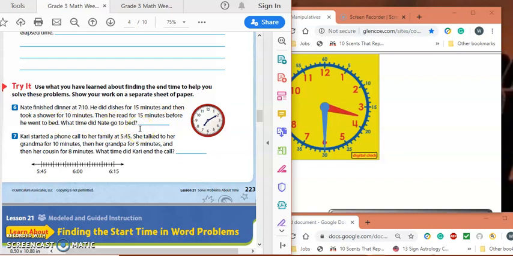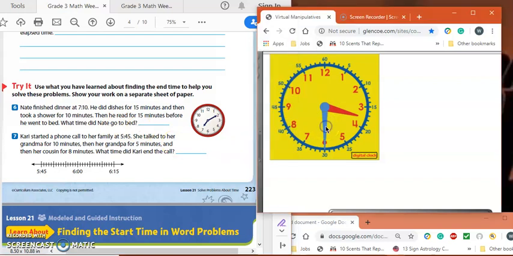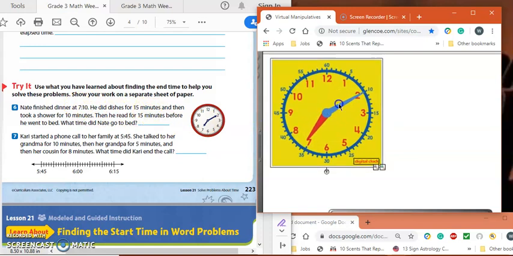Okay, let's see. Let's start at 7. Take our clock and start at 7:10. Then Nate did dishes for 15 minutes: 5, 10, 15.